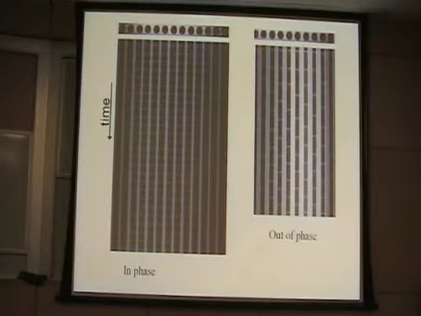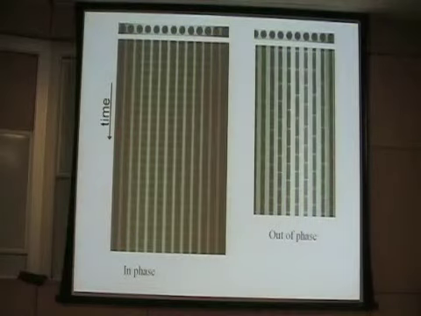So, but if you change conditions, there's a certain small subset of conditions where they'll stay in phase. So here you see the drops are synchronized. If you make these drops very far apart, then they just oscillate at random. The periods are slightly different from drop to drop, and the phase will be random.